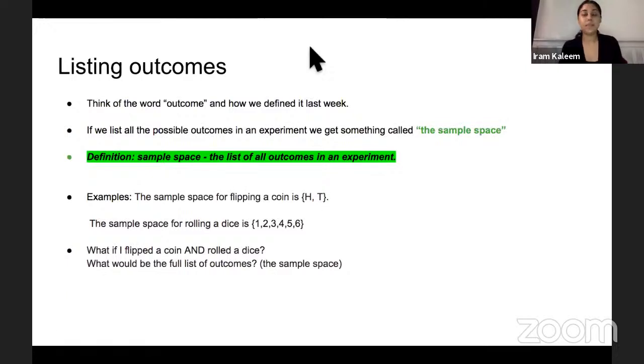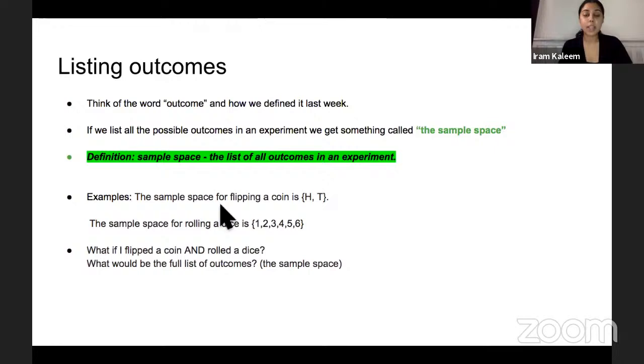Listing outcomes. We've done this quite a few times as well. We thought about the word outcome and how we defined it. We said that outcomes were results of situations, and that if we list all the possible outcomes in an experiment, we get something called the sample space. So again, key definition here: the sample space is the list of all outcomes in an experiment.